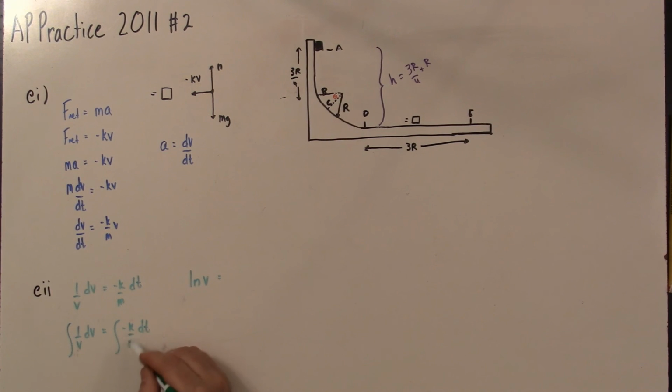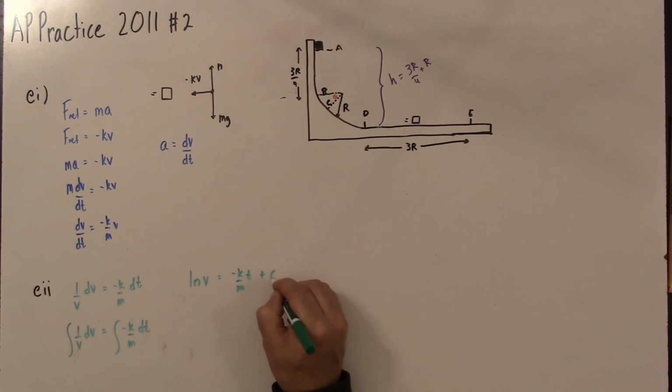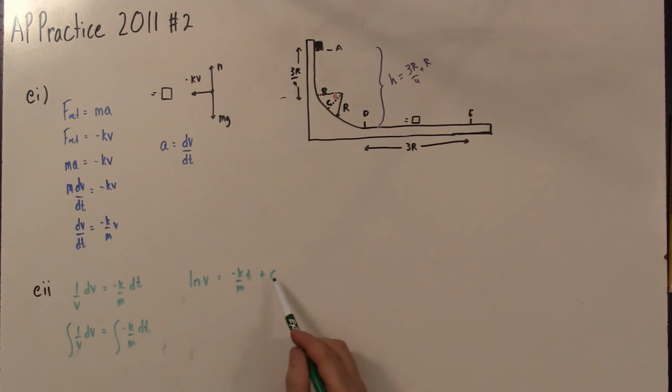And then the antiderivative of dt is just t, so negative k over m t. But you have to add c to all of this, because when you take an antiderivative, you need this constant since you lose the initial value.